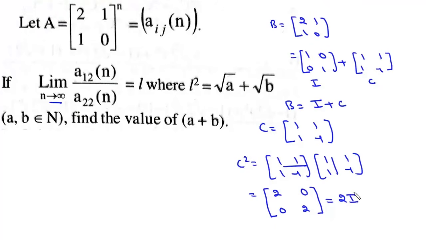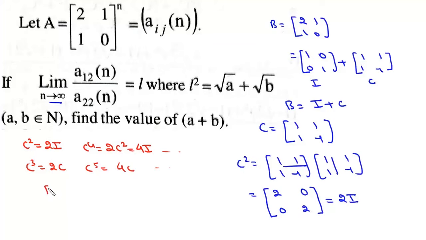So once we have this expression, then we know that C square will be equal to 2I, and if we multiply it with C, we'll get C cube as 2C. And we multiply it again with C, we'll get C to the power 4 as 2C square, and 2C square is 2 times 2I, so there'll be 4I. C to the power 5, there'll be again 4C, and this sequence will continue like that.